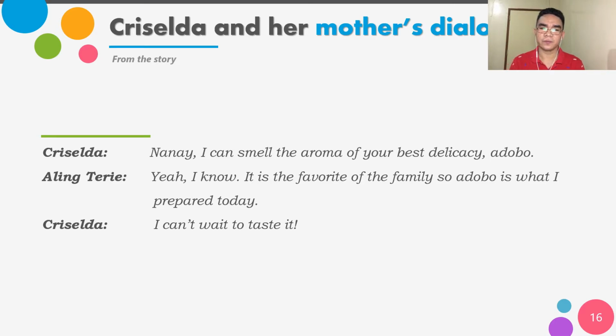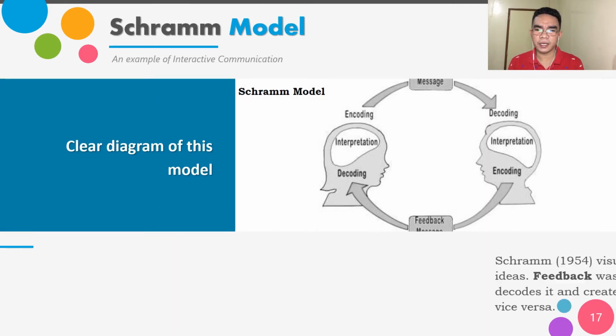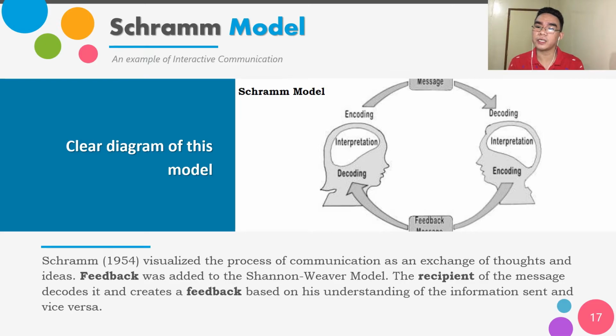Okay, let's proceed. The Schramm model, as you can see here, is a circular form of communication model. Schramm in 1954 visualized the process of communication as an exchange of thoughts and ideas. So feedback was added to the Shannon-Weaver model.